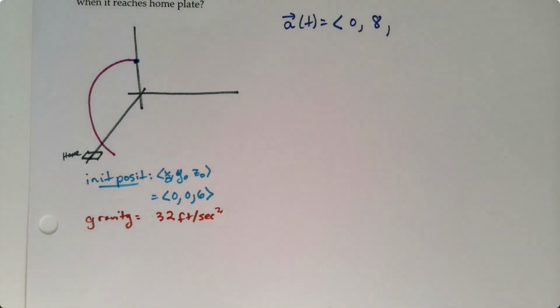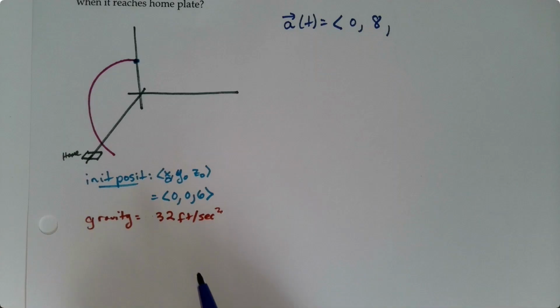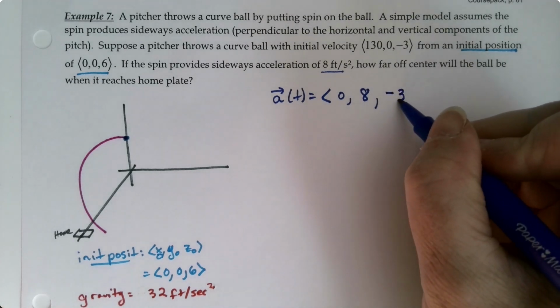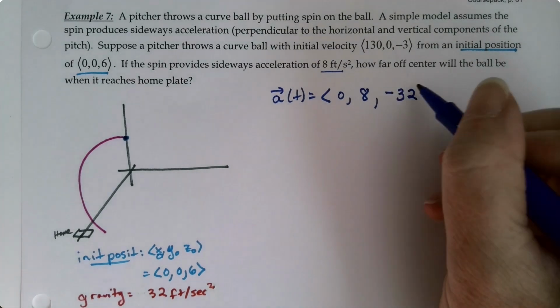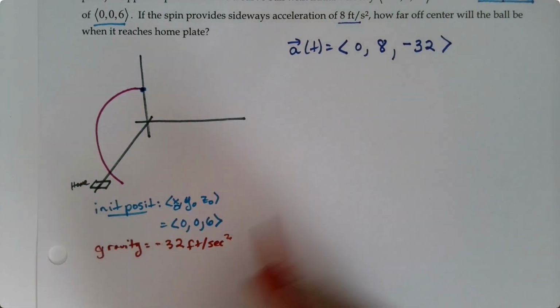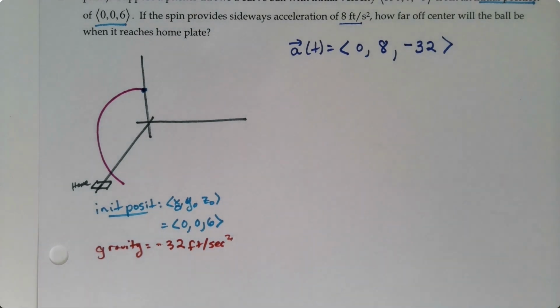The way it always works is it's always negative because gravity is always pulling us down. So either you think of gravity as negative over here, or you just remember to put it in here. So you can put the negative here or put the negative there or both. It's fine. Okay, so we have acceleration.